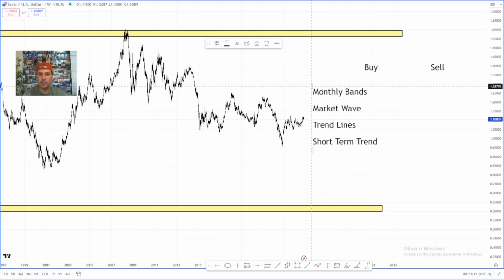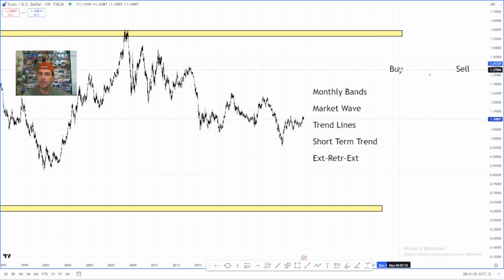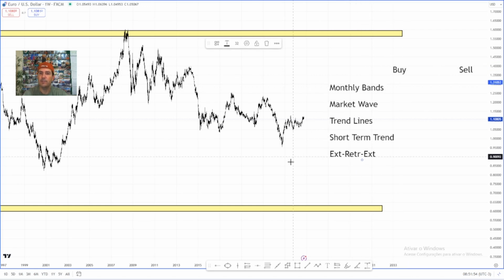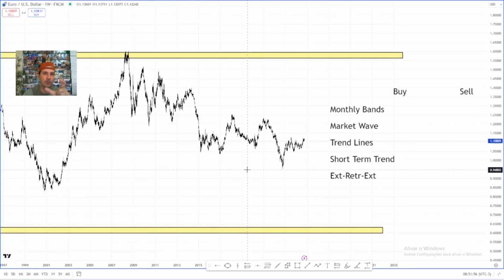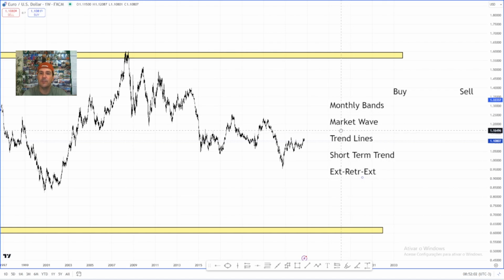Then we have extension, retracement, extension. Buy or sell, monthly bands. See everybody, I'm doing something different right now. There is no right or wrong on the style. So monthly bands is a buy or a sell? Again, no brainer, it's a sell. It's a long-term sell.